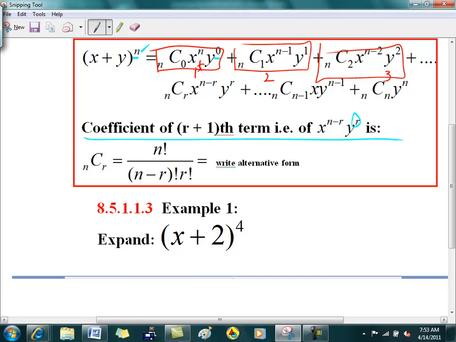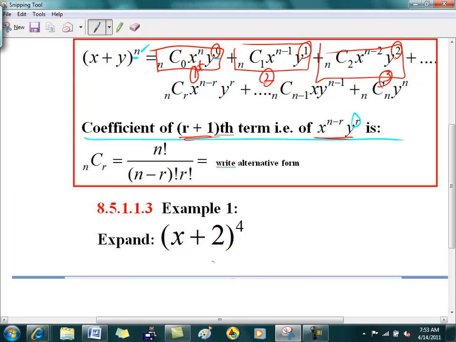Look at the relationship between this and the exponent of y. What do you conclude? The term number is 1 more than the exponent of y. So here is your r plus 1th term, because the exponent of y is r. So the term number must be r plus 1th. You guys okay on that? Yeah?